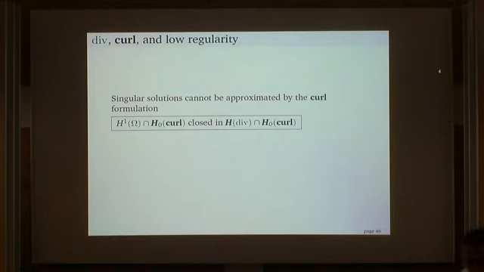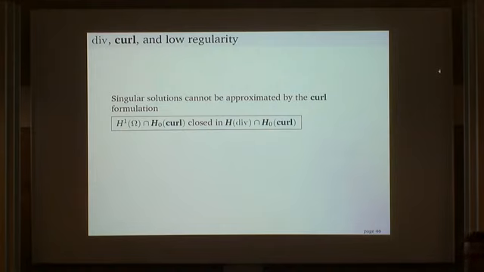If you have a formulation that gives you a bounded divergence and a bounded curl, and you are using polynomials that have to fit in this space, so they must be continuous, they are in H1, so they are bounded in H curl intersect H div. This means that they are also bounded in H1 because of this closedness. So this means that you cannot approximate functions that are not in H1.